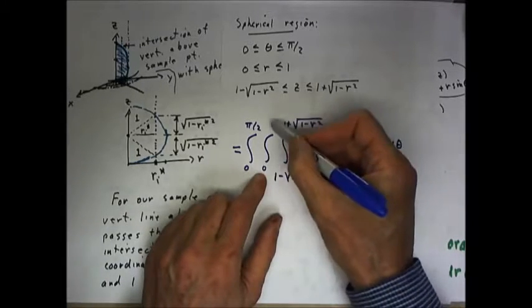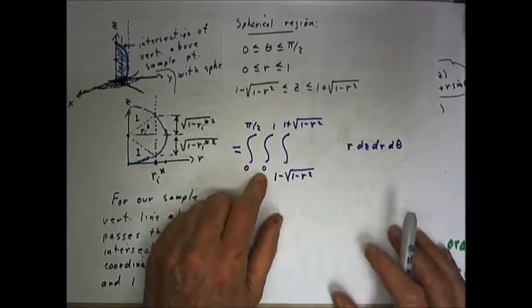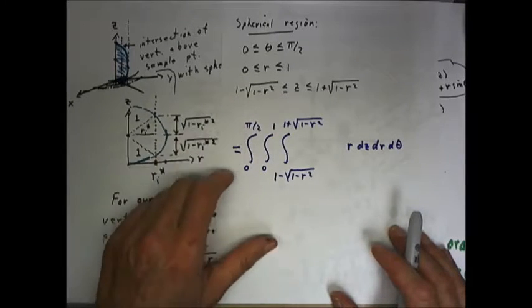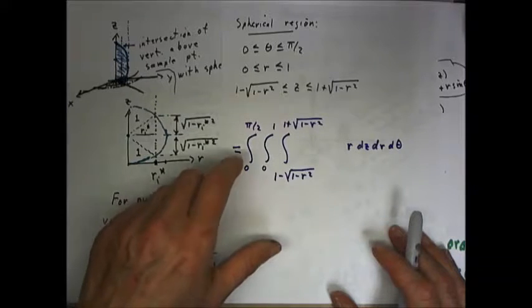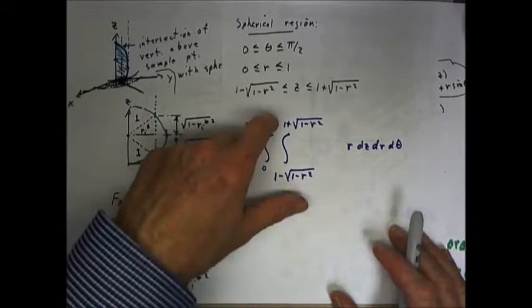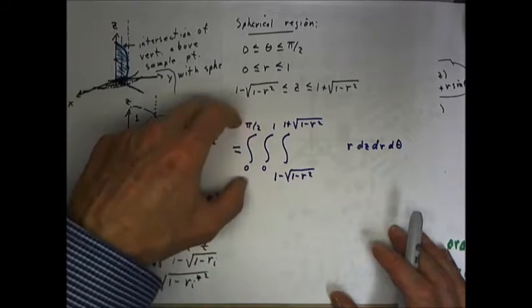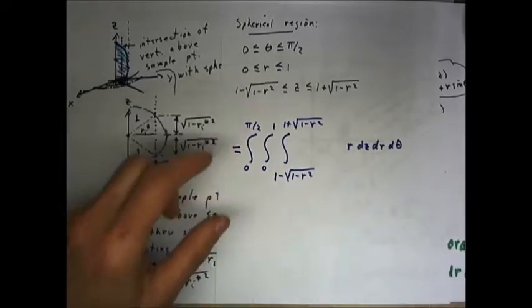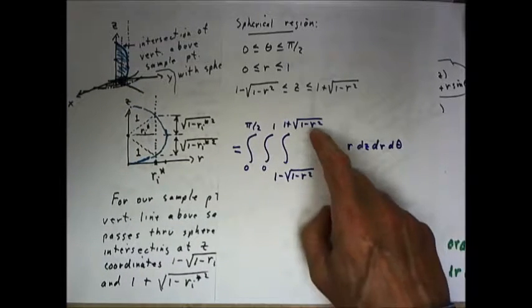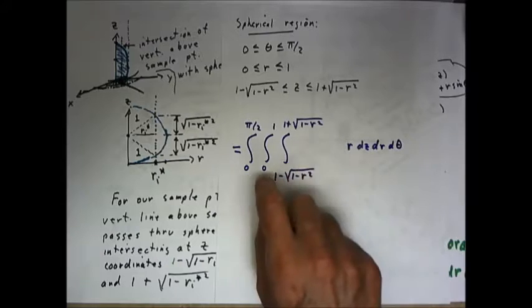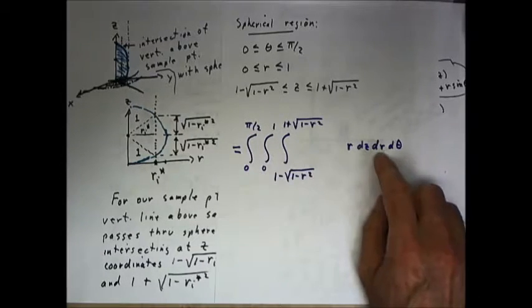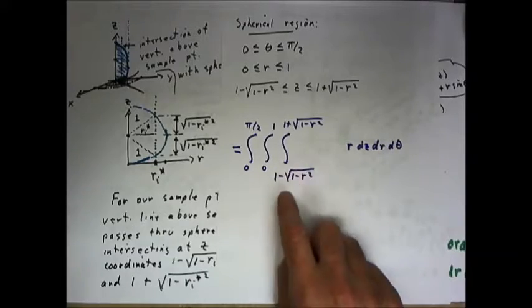We'd have had y from 0 to the square root of 1 minus x squared, and x would then go from 0 to 1. That would be with respect to x, y, and z. Here we have only one variable in our limit and no variables here. We have fixed limits here and here, which is going to make the r and theta integrals fairly easy.